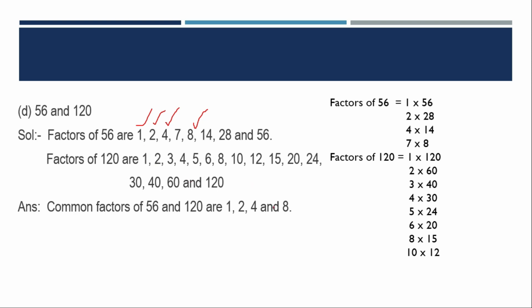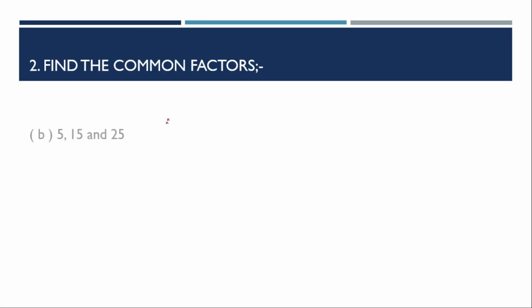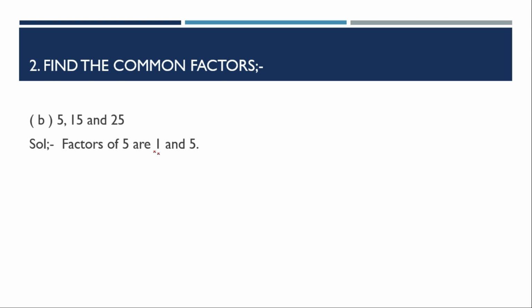Next, find the common factors again: 5, 15 and 25. Such easy numbers. Factors of 5 will be 1 and 5. 15? Yes, it will come in the 5 table and 3 table.